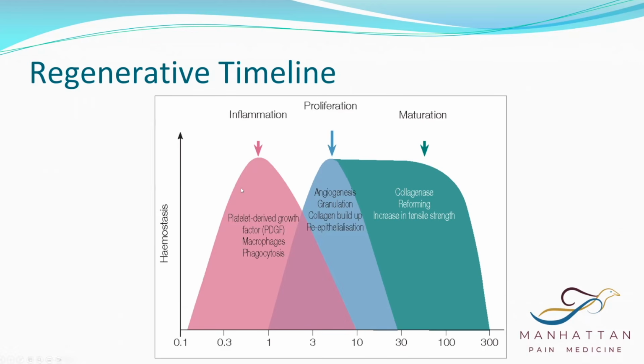And then we have the remodeling phase. Some people call it the maturation phase, where the tissues such as collagen are remodeled and what's called cross-linked, and that increases the strength of that tissue.